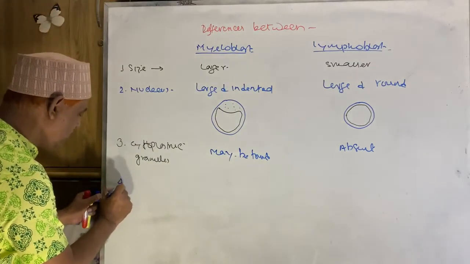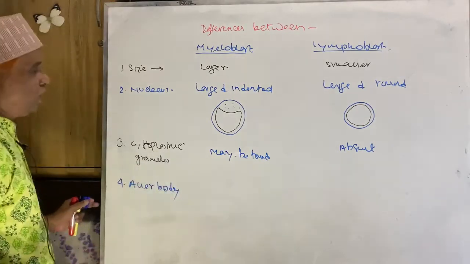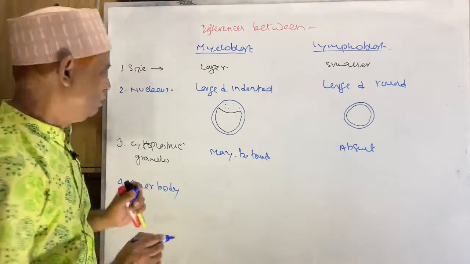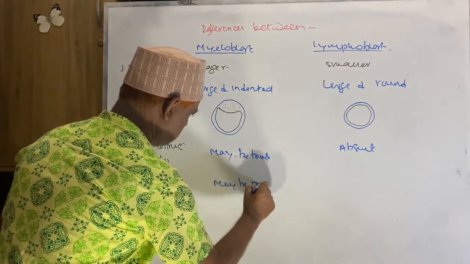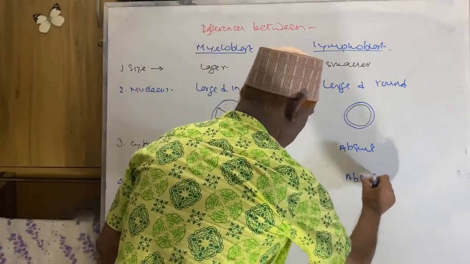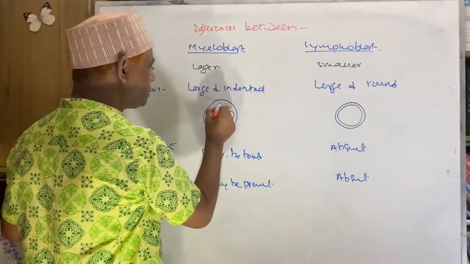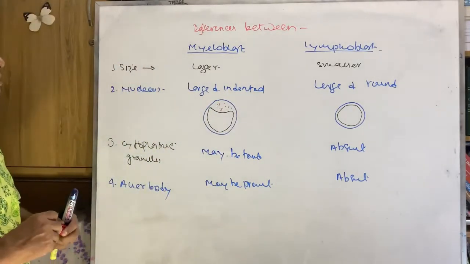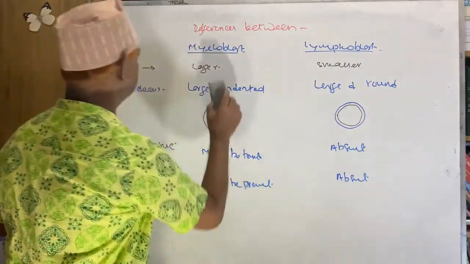Then Auer bodies may be present in myeloblast, but absent in lymphoblast. These are the granules, like the Auer bodies like this, which may be present in myeloblast but absent in lymphoblast.